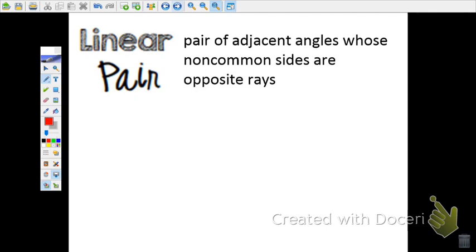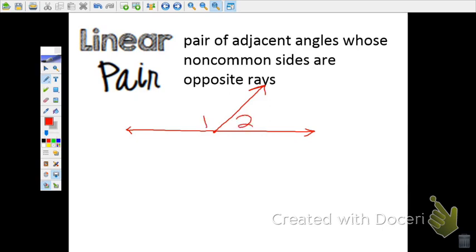And earlier, again, we said that opposite rays form what? A line. So if I have opposite rays that are the non-common sides, then they have one side that is common that makes them adjacent.